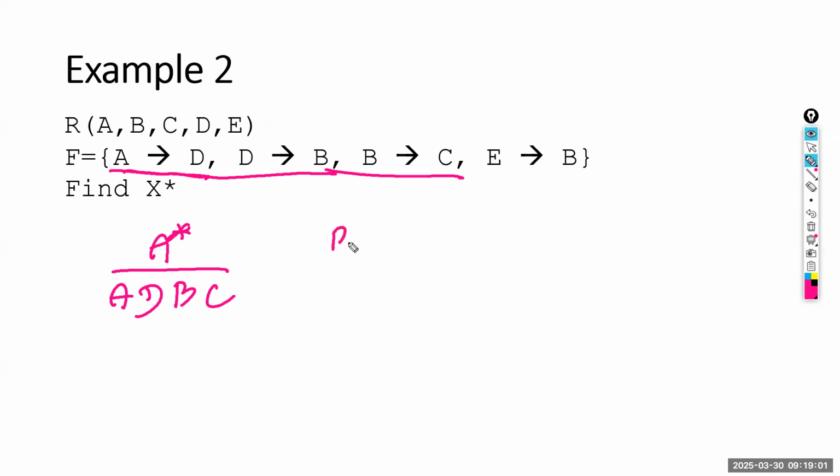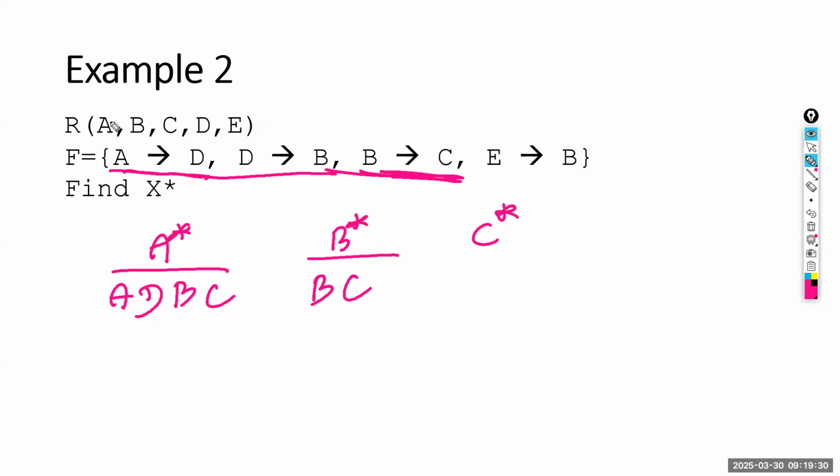Let's write B closure. By reflexivity, B determines B. And from here, we know that B determines C. And that's it. Nothing else I can tell because C doesn't determine anything. So then I can write C closure. What is meant by find X closure? X closure means you need to write the dependencies for each and every attribute.